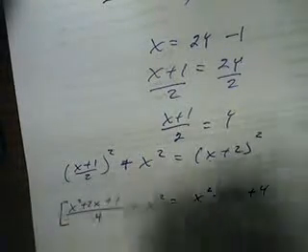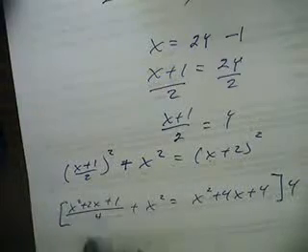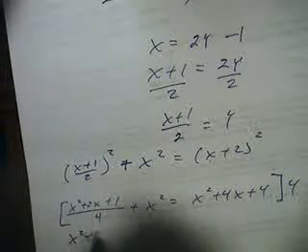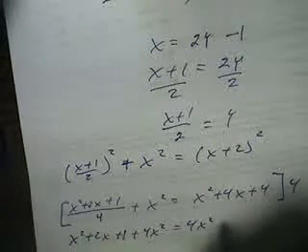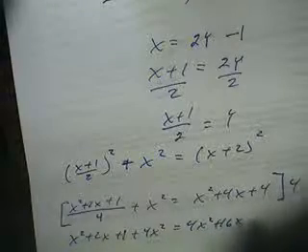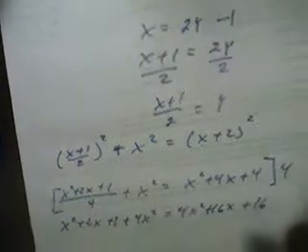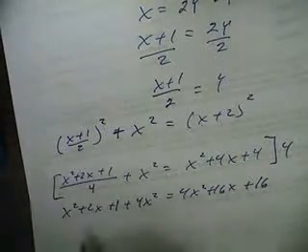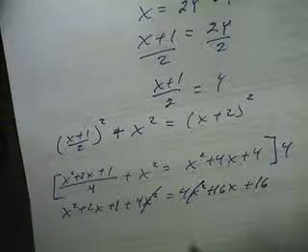Now I want to multiply everything by the number 4. That'll cancel out this 4 on the bottom, which will give me x squared plus 2x plus 1. It'll make this one 4x squared, this one 4x squared, this one plus 16x, and this one plus 16. Alright, so now these two on both sides will cancel.